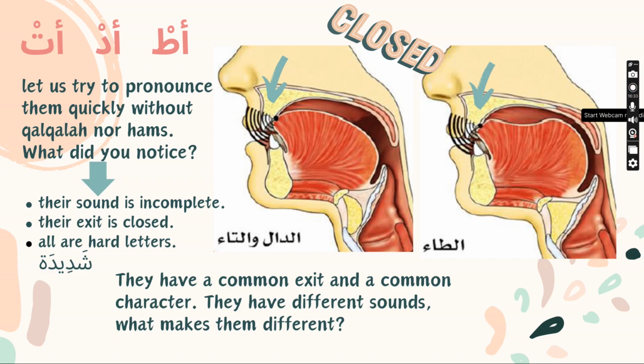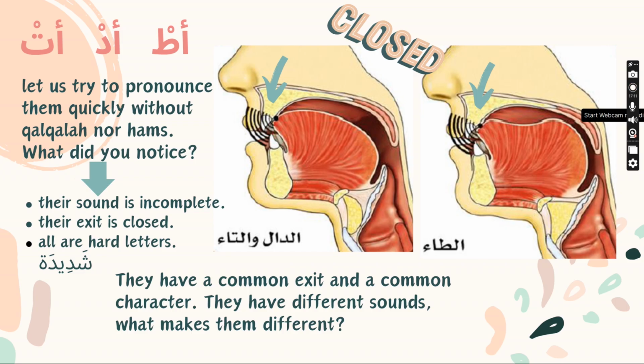Okay? Now, what is the character that distinguishes the letter ta from the dal and the ta? It's heavy. Okay? Now, what distinguishes the dal from the ta? The dal has jahr, while the ta has whisper. There's no air that accompanies the dal when we pronounce it. We say da, but we say ta, ta. There is hams in the ta, but there is jahr with the dal.